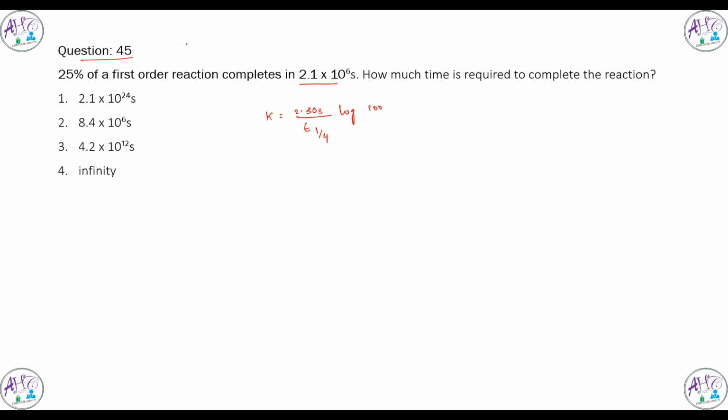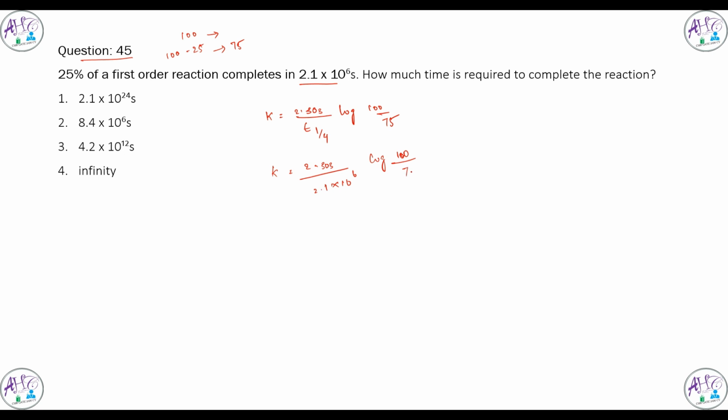Initially there is going to be 100 percentage. Only 25 percentage is completed, which means only 75 will be left. So if you substitute the values, 2.303 by 2.1 into 10 power 6 into log of 100 by 75.